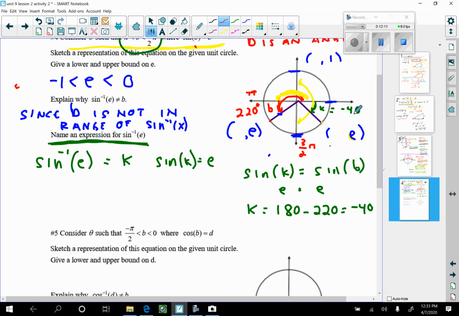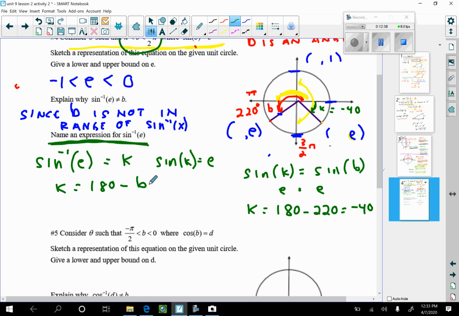But we don't know that B is 220. This was just an arbitrary instance to help you understand. What we want, true or false, isn't K, in terms of B, equal to 180 minus our angle B?